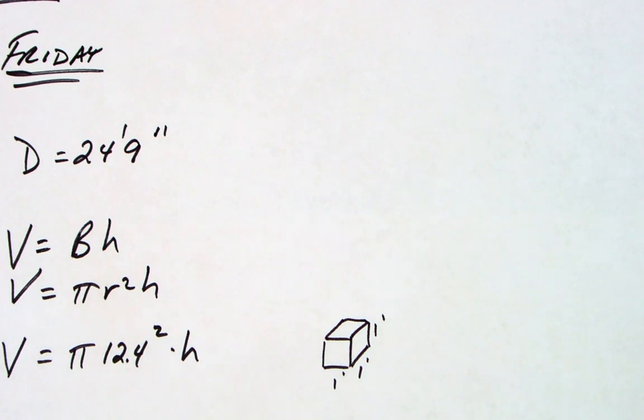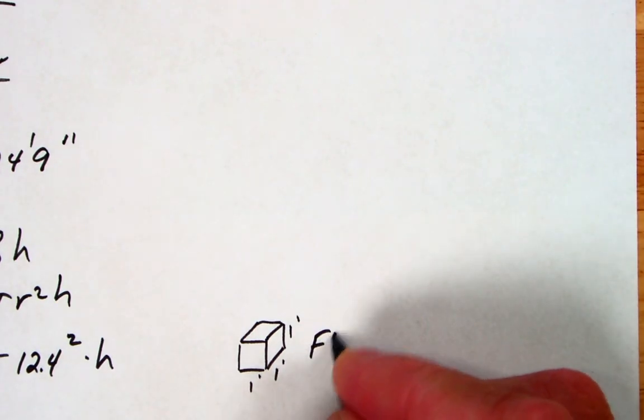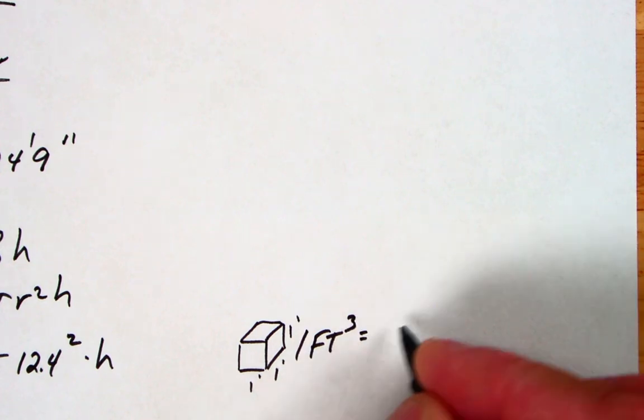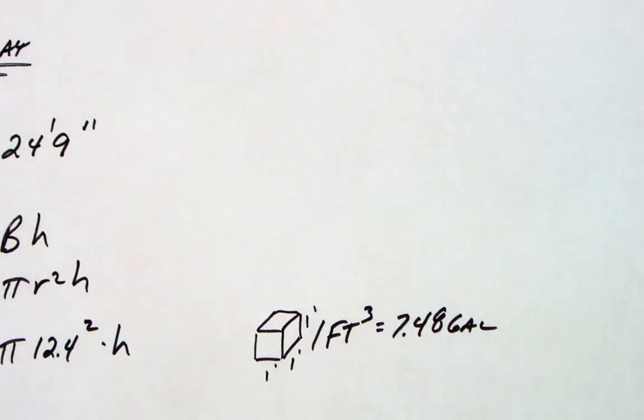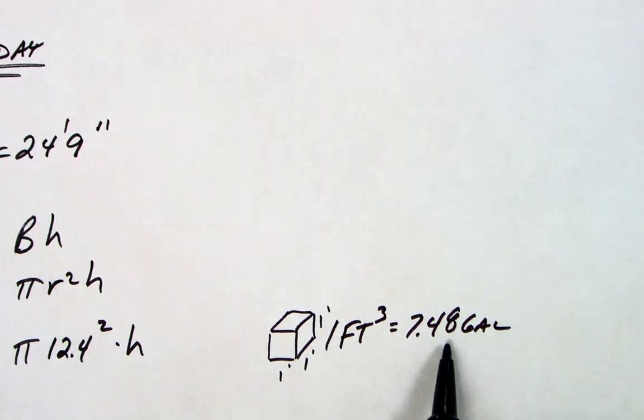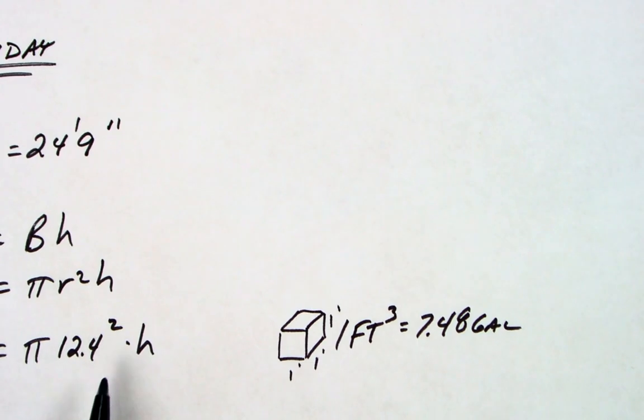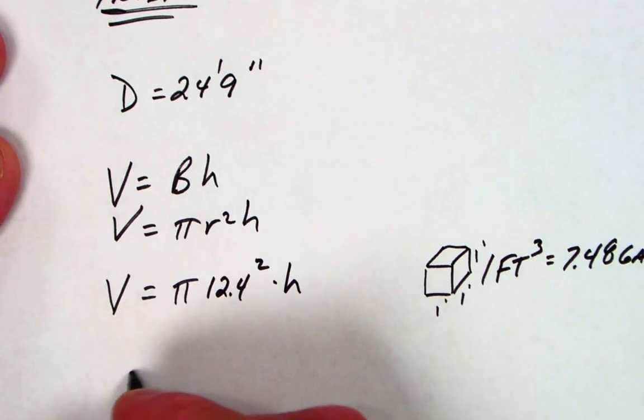It's actually surprisingly high. It is 7.48 gallons for 1 cubic foot, so 1 cubic foot equals 7.48 gallons. It is amazing that it's that much. It's crazy. It's nuts. Okay? So now what do we got to do with this? We got to take every cubic foot times 7.48.